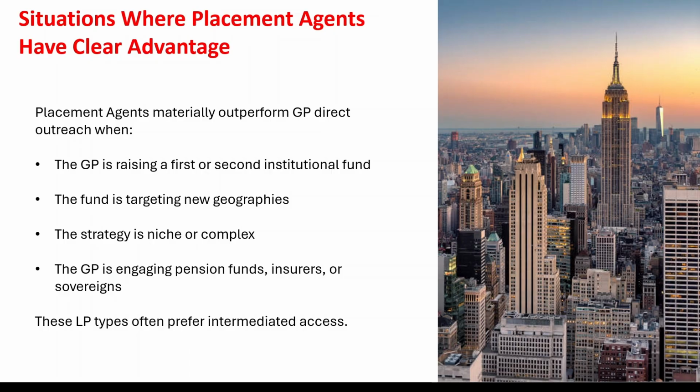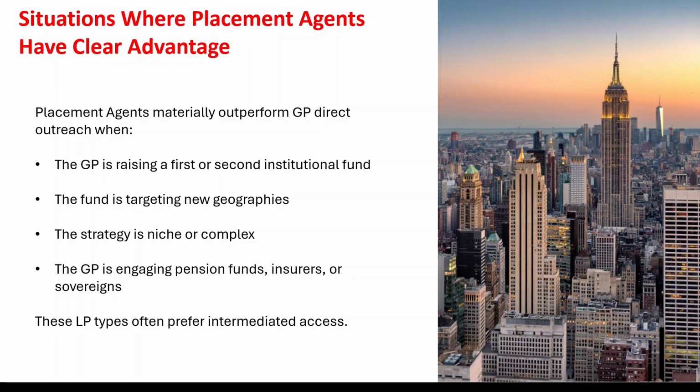Now, situations where a placement agent has clear advantage. Well, placement agents marginally outperform GP direct outreach when the GP is raising a first or second institutional fund. The fund is targeting new geographies. I'm actually working with clients that want to reach out to the Middle East and Asia, based in the USA in most cases, with very established relationships there.